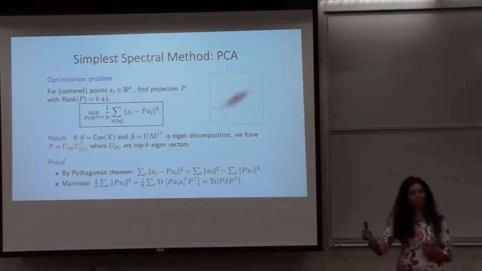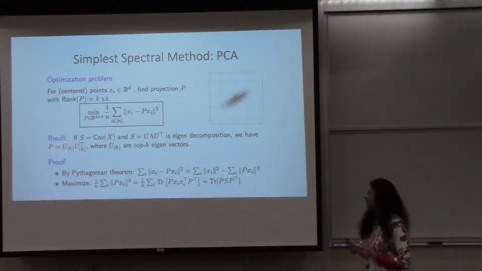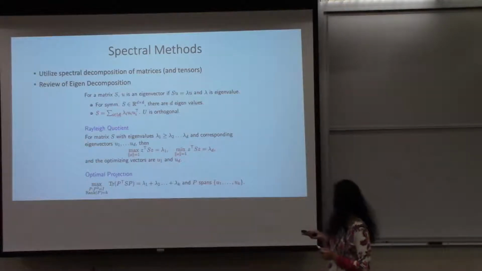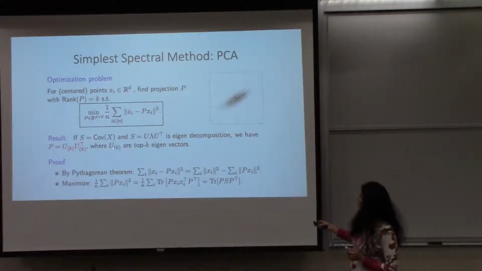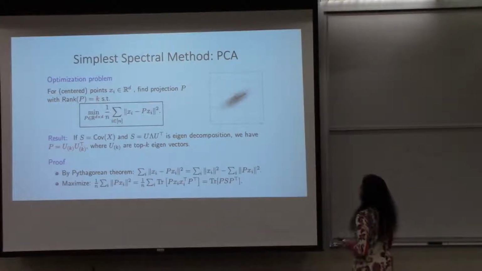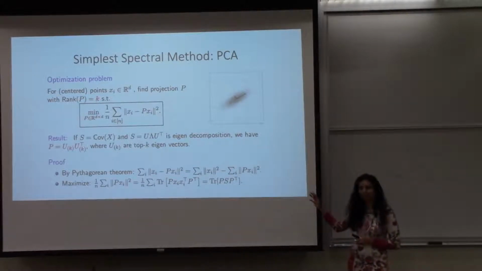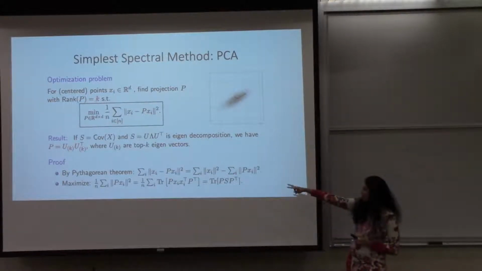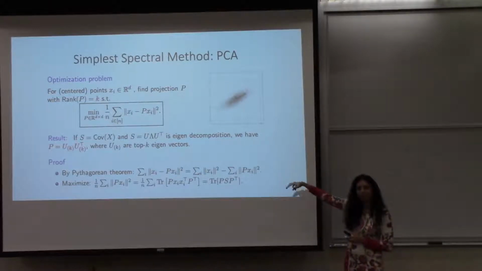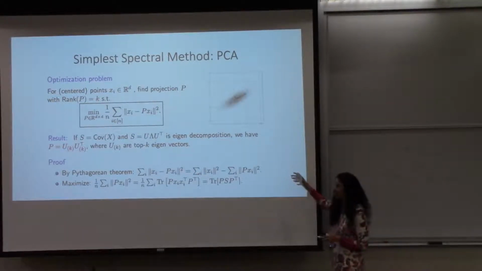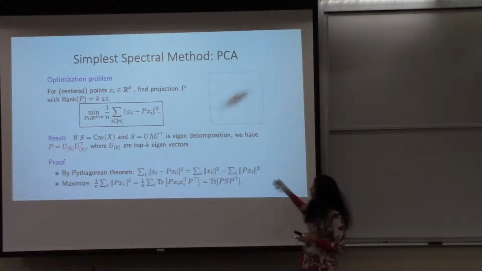What are the principal bases in which I should measure my data, and that's the PCA, right? And I think it's a quick exercise to see why it would be the top eigenvectors of the covariance matrix. Because I've centered the data, the covariance and correlations are the same, but you can also add the centering term and come to the same conclusion.